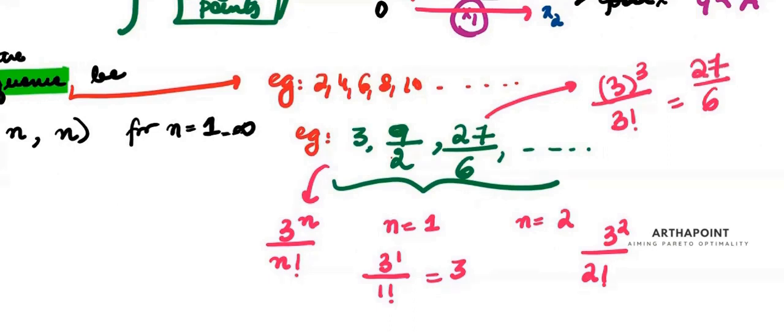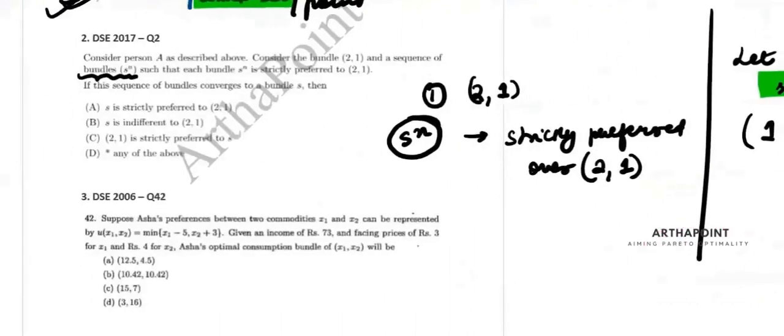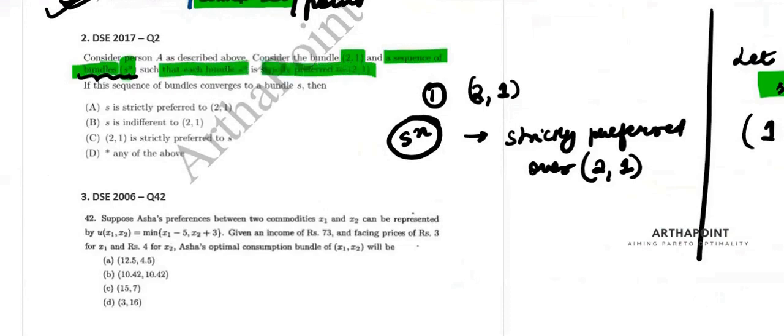So ideally, for something to be called a sequence, you must have some pattern that you should be able to see. So for example, here it says consider the bundle (2, 1) and a sequence of bundles Sn such that each bundle Sn is preferred to (2, 1).